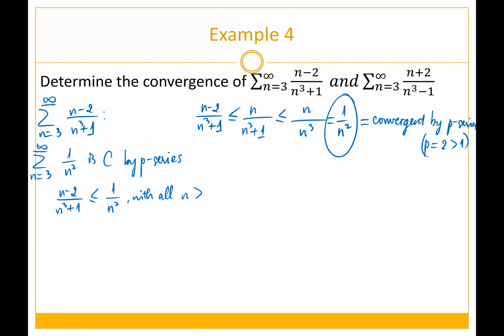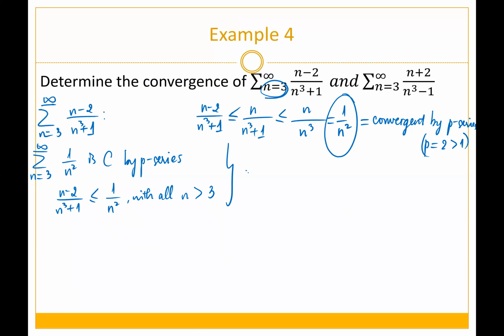And there's one condition I kind of forgot in the previous example, and this one is that all terms in the series have to be positive. That's why when you look at the value of the n that you started, you can determine if it's positive or negative. And as you can see here, if n is bigger than or equal to 3, the numerator is positive, the denominator is also positive. So all terms in the series are positive.